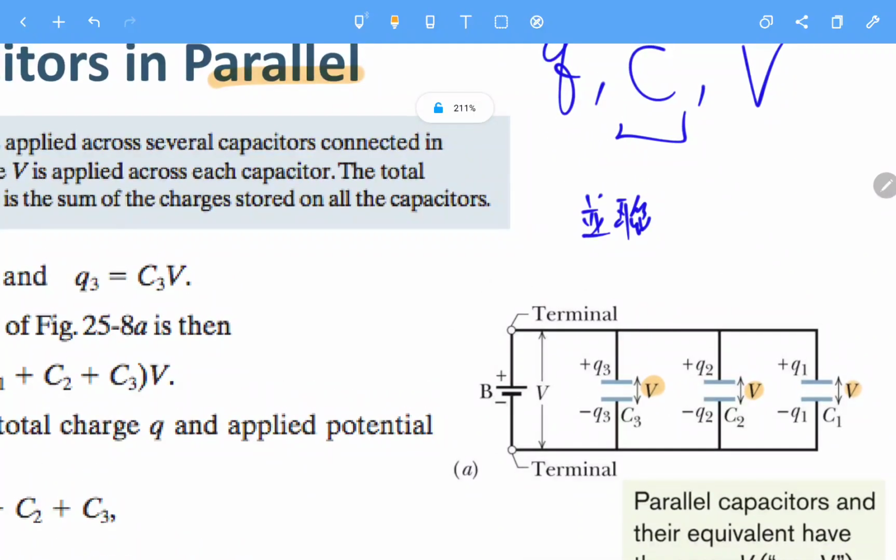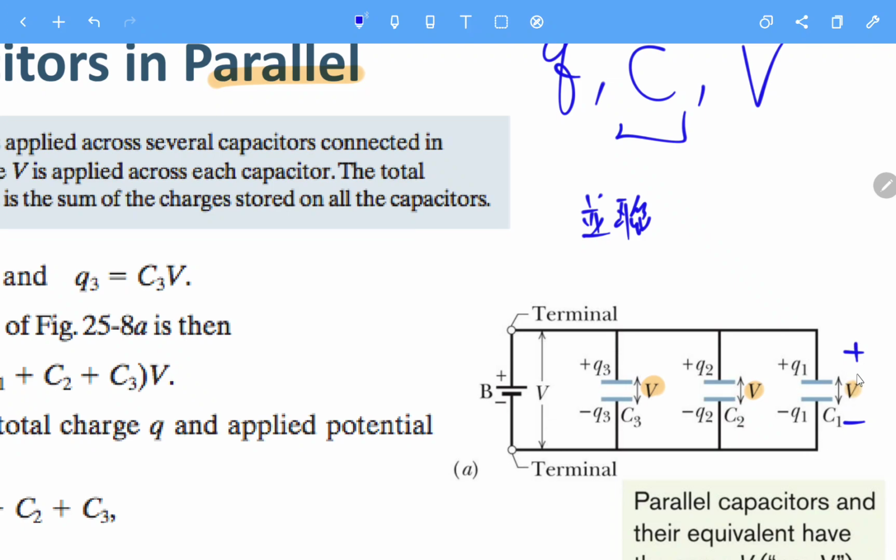All the top plates connect to the positive node of the battery, and all the bottom plates connect to the negative node, so all of them have V. Sometimes I will draw plus and minus, which means this node has a higher potential than the bottom node.